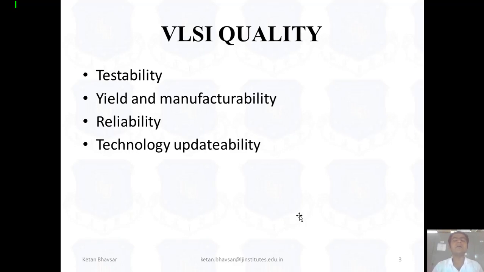The component and device should be testable, with yield and manufacturing ability in terms of functional yield and parametric yield. When we're talking about bulk manufacturing, it should be a reliable product and it should be updateable.